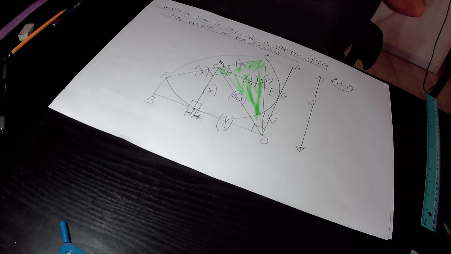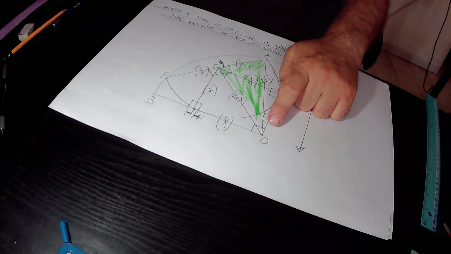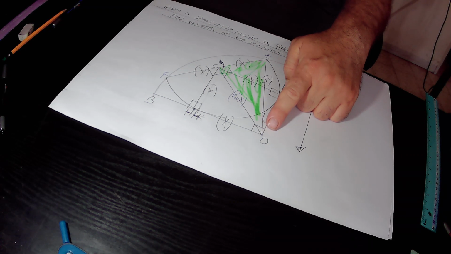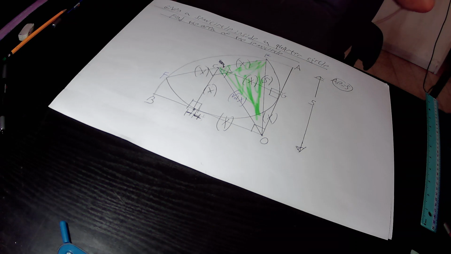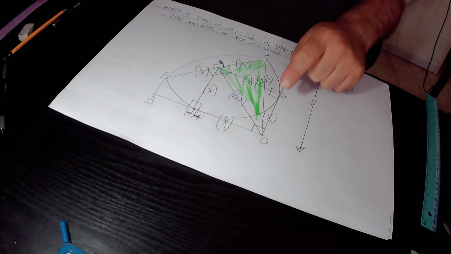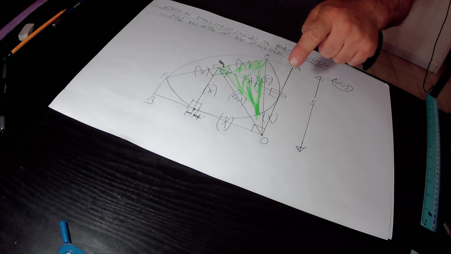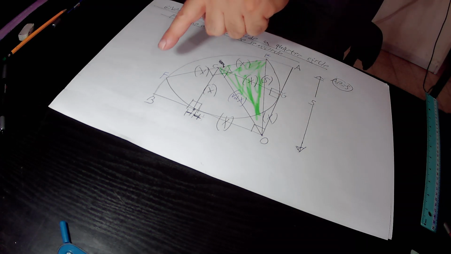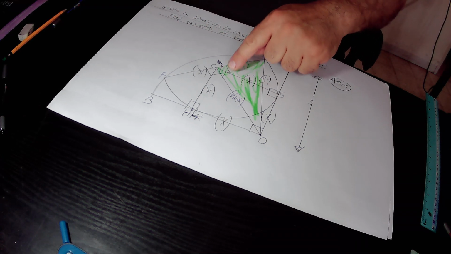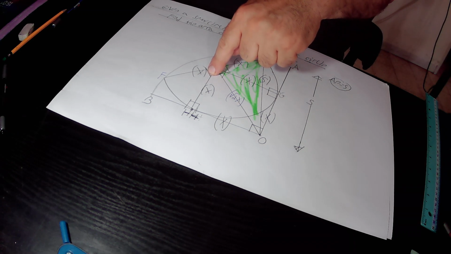Because point O is the center of this quarter circle, and from point O we have line segment OC that bisects chord EF. That is to say, CE equals CF. And for that reason, according to rule 7, OC will also be perpendicular to chord EF. If OC is perpendicular to EF, it means that this angle equals 90 degrees, and this angle also equals 90 degrees, according to rule 7.